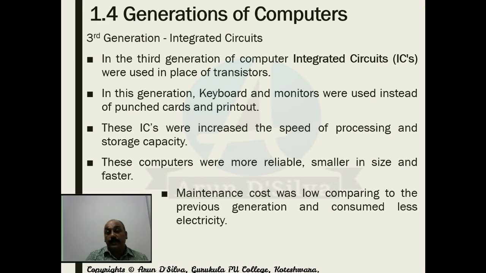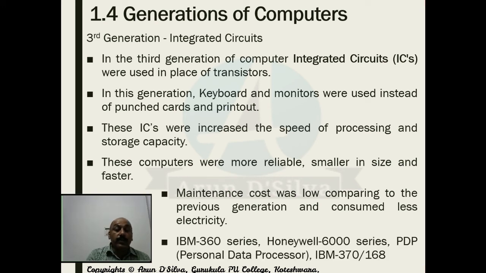So that is the reason it became famous across the world. Some examples in this generation: the IBM 360 series machine came, Honeywell 6000 series, PDP, that is Personal Data Processor, IBM 370/168. These machines came into the market and, as I told you, they were distributed across the world.